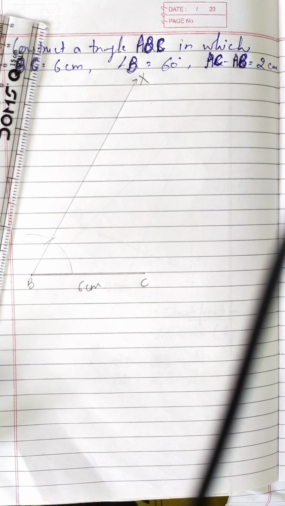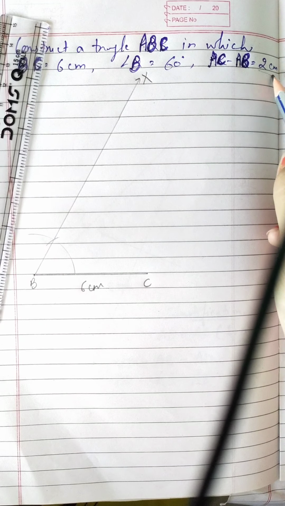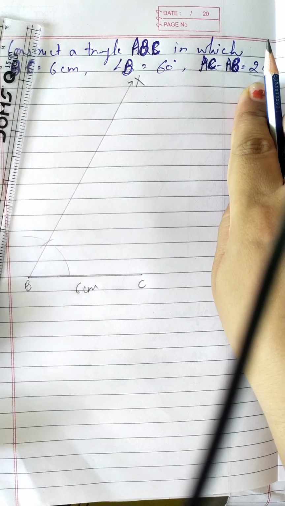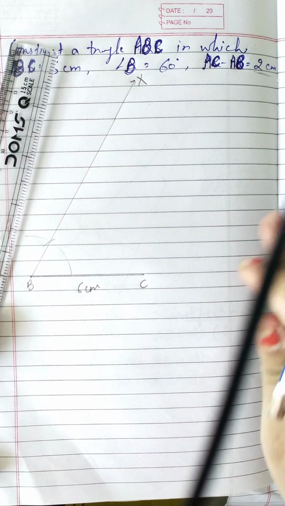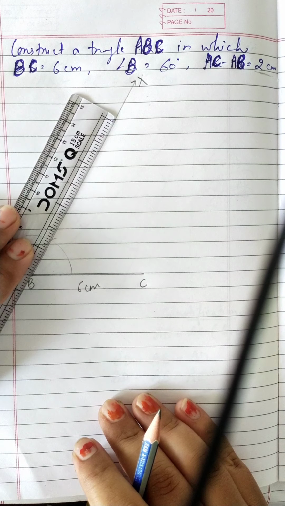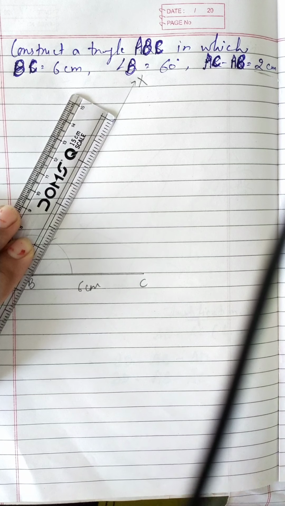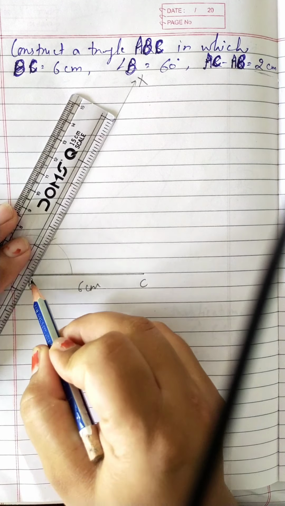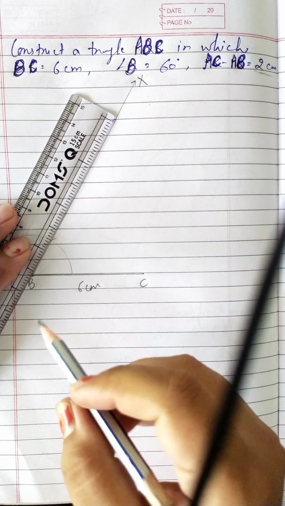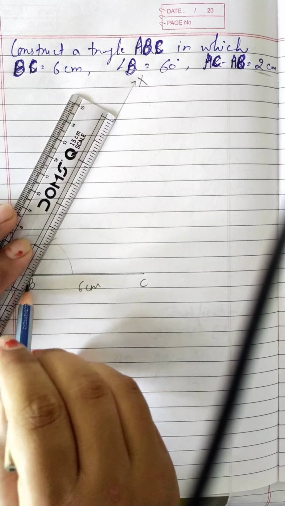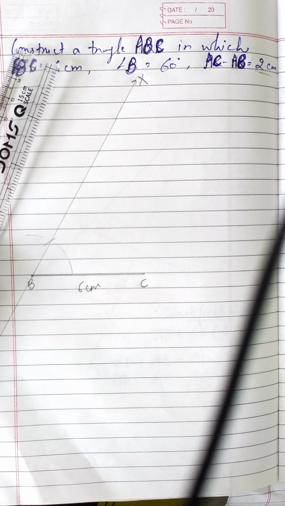Next step is we have to mark 2 centimeters. If it is AC minus AB, then you have to make an arc BD such that it will be on the downside of B, on the backward side. Okay, first extend it. Now I have extended it backward, downside.